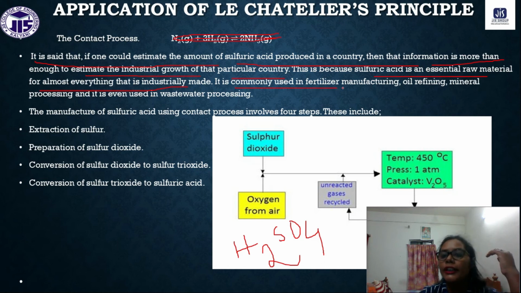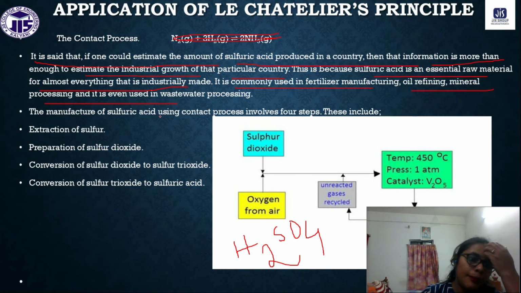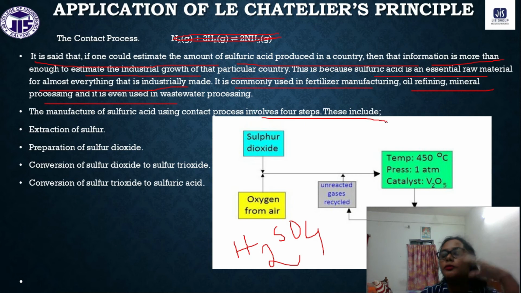It is commonly used in fertilizer manufacturing, oil refining, mineral processing, and even in wastewater processing. The manufacture of sulfuric acid using the contact process involves 4 steps.